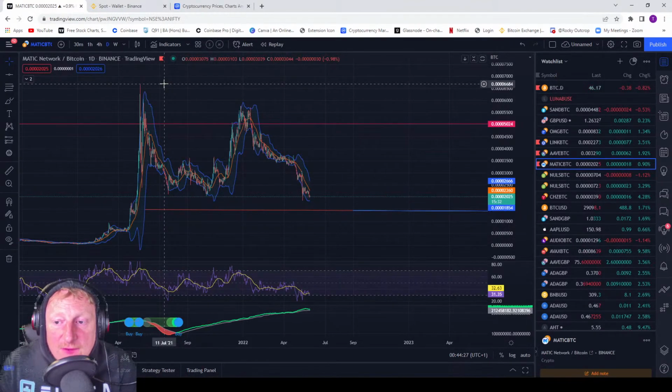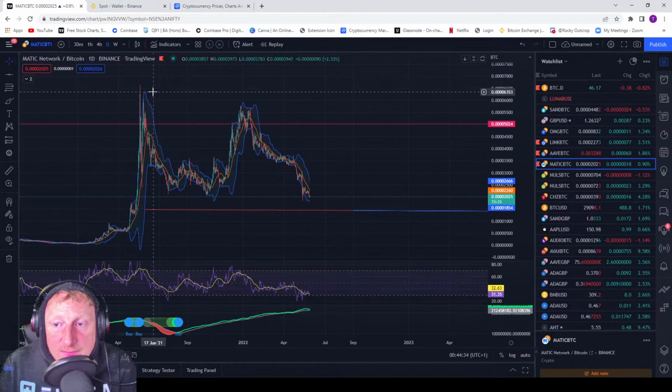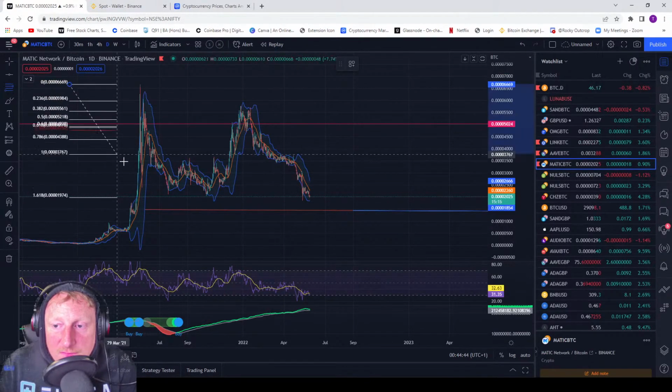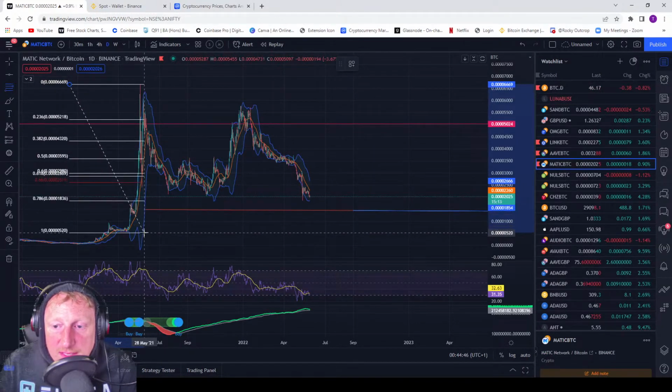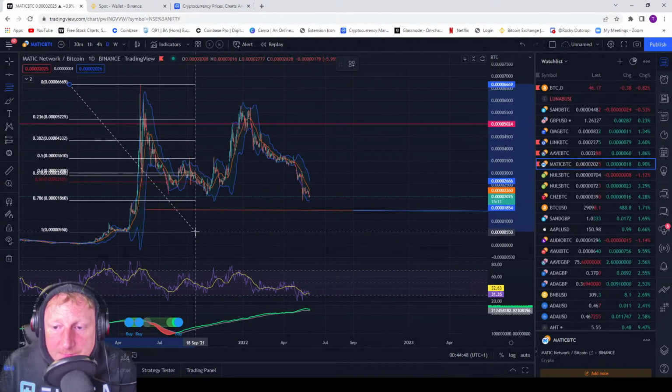posts. So if, for example, today's date was the 21st of July, then our fibs would end up being from there to probably there, because that is all we have to work with.